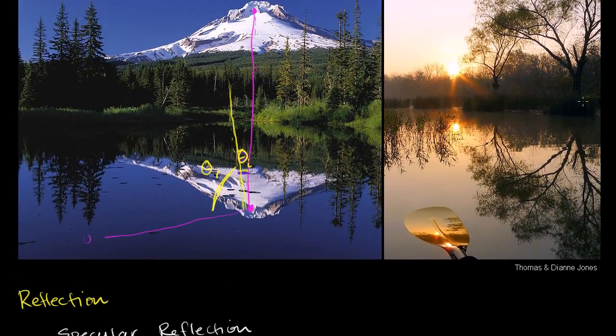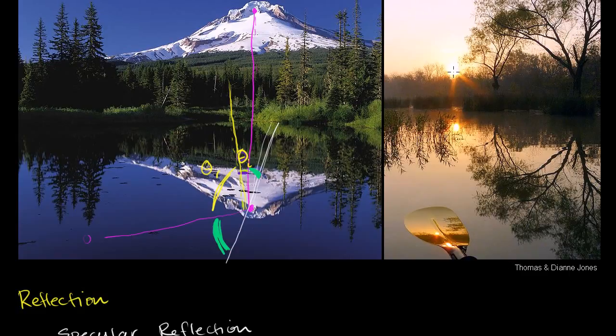So another way you could view it, if we look at the surface of the water, let me draw a line along the surface of the water. Another way to think about it is that this angle right over here is going to be the same as this angle right over there. And you can also see it in this reflection right over here.